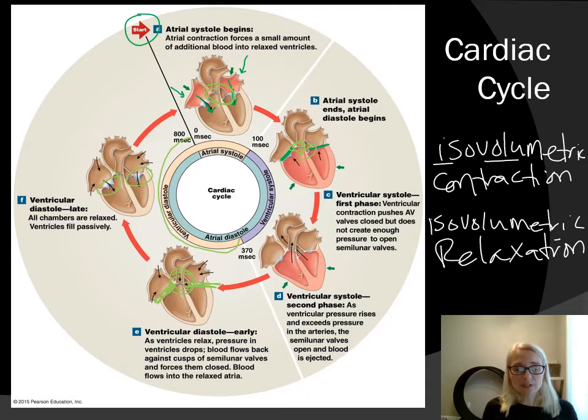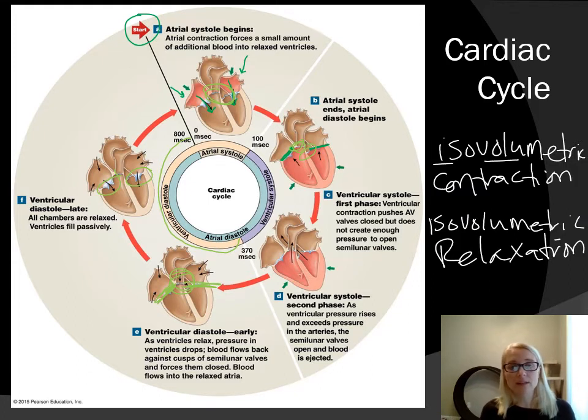So it's kind of interesting. And in this average cardiac cycle of about 800 milliseconds, half of that time, neither chamber is contracting. It's just passive filling. So you have about 300 milliseconds of time to do all of your contractions, and everything else is just passive filling.